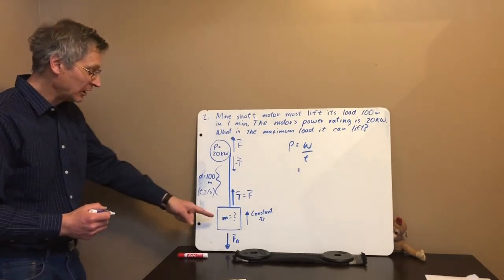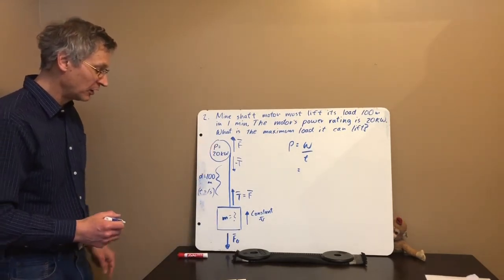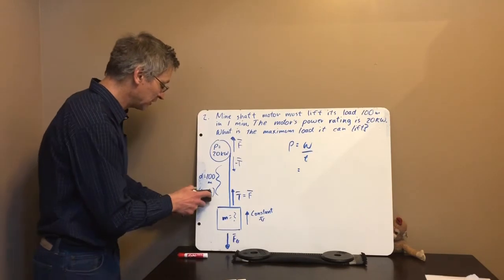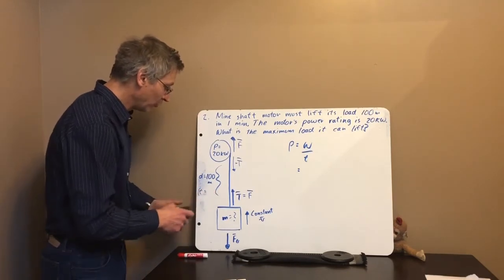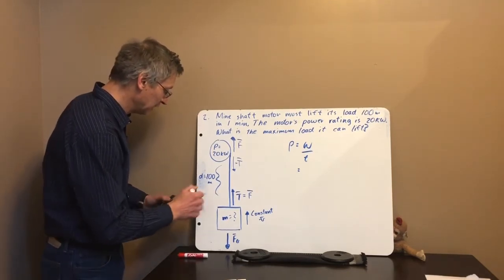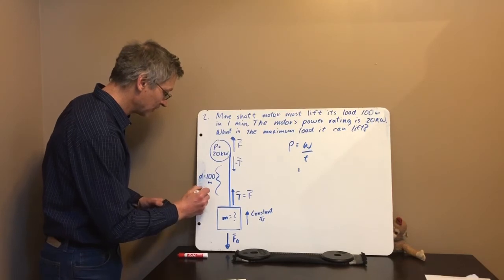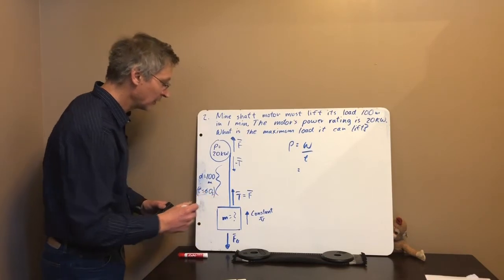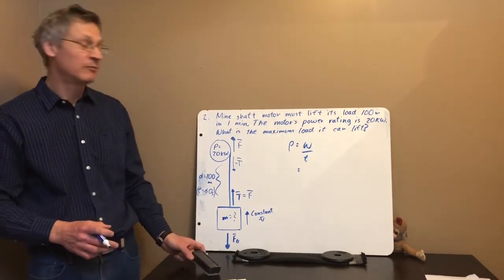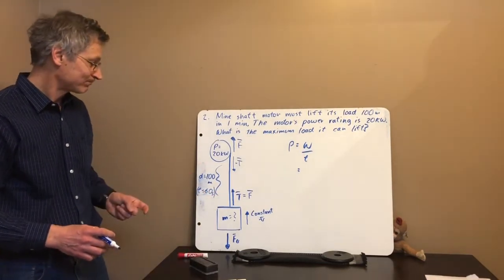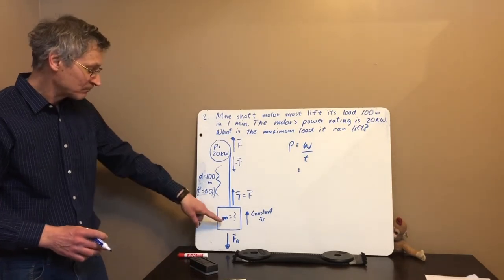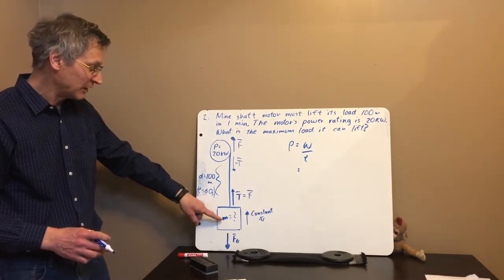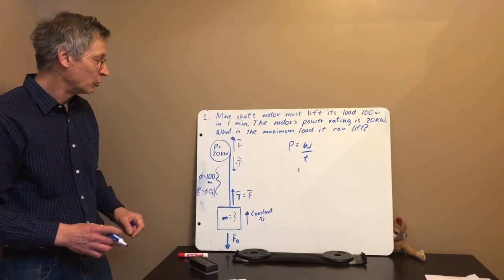And remember, it pulls this thing up 100 meters in a time of, whoops, not 1 second, in a time of 1 minute. So that's going to be 60 seconds. That's better. Okay, let's see if we can figure out how much stuff we can jam into our load here.